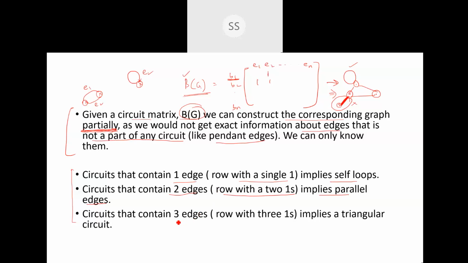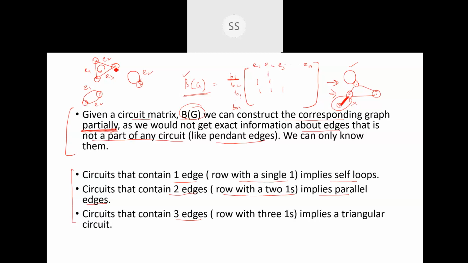Now if it consists of three edges, for example you have B3 with E1, E2 and E3, you will have a circuit in such a form, with E1, E2 and E3. This is a circuit which consists of the edges E1, E2 and E3.